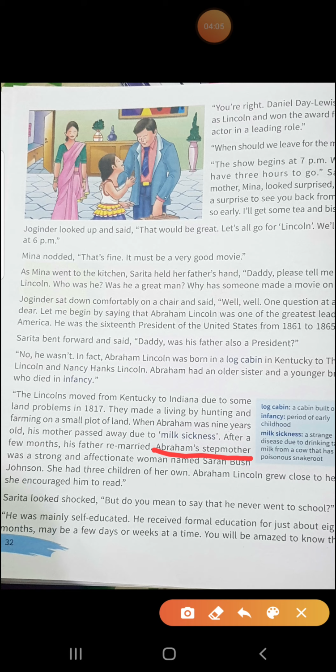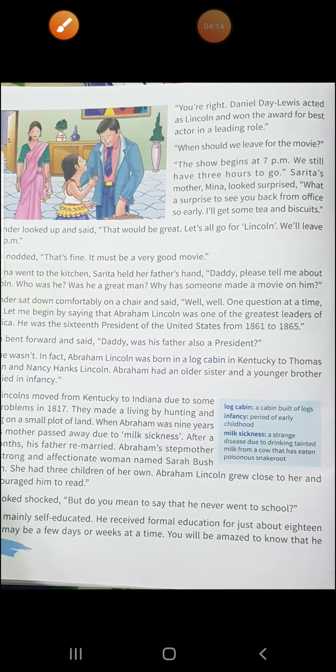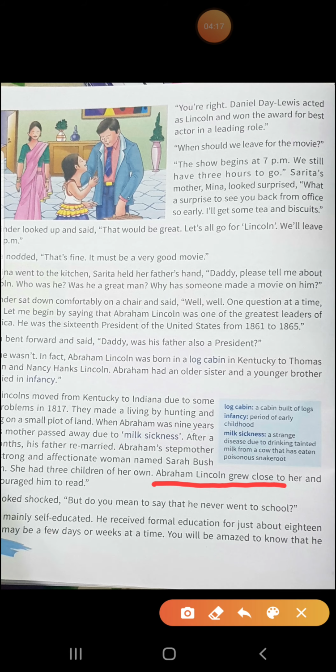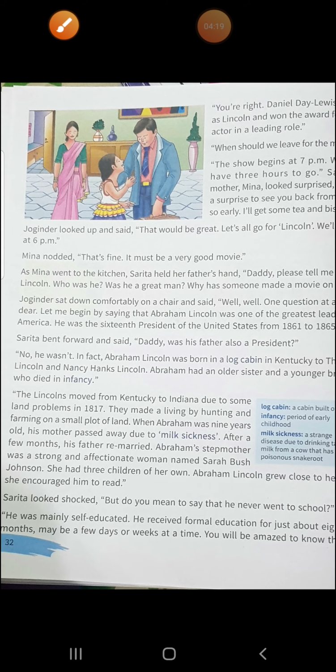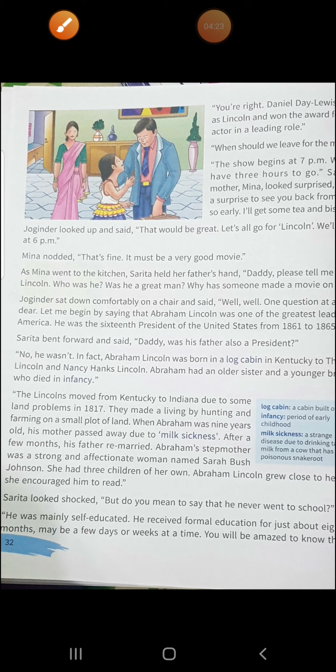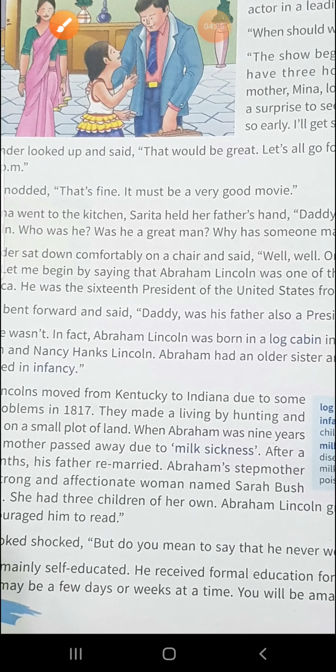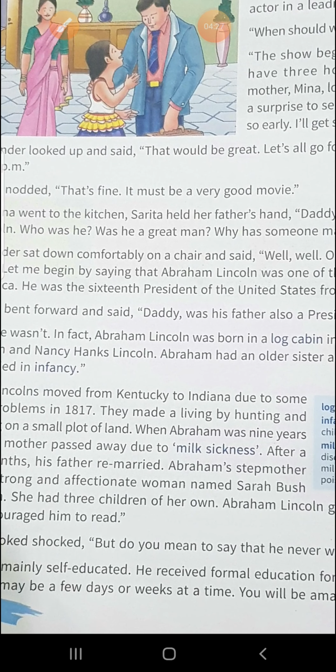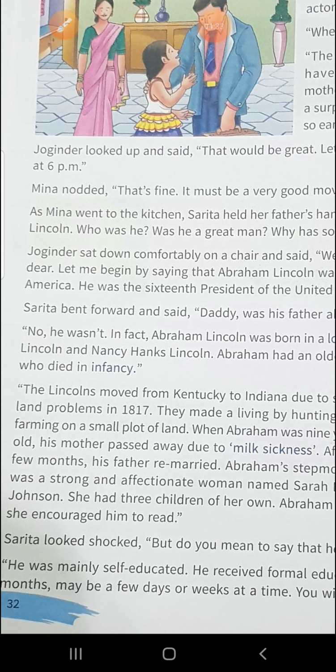Now see here, Abraham's stepmother was a strong and affectionate woman named Sarah Bush Johnson. She had 3 children of her own. Abraham Lincoln grew closer to her and she encouraged him to read. So you can see here, the woman whom his father married is Sarah Bush Johnson.